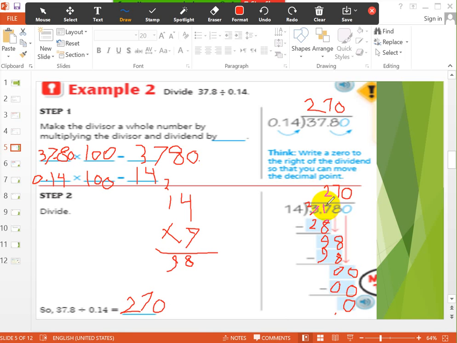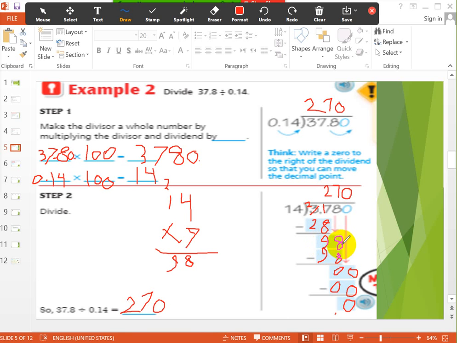I think it's 2. So 2 multiply 14 equals 28. 2 multiply 4 equals 8, 2 multiply 1 equals 2. Then I will subtract 37 minus 28. The answer will be 9. Now I will take the 8 and put it next to the 9, so it will be 98.